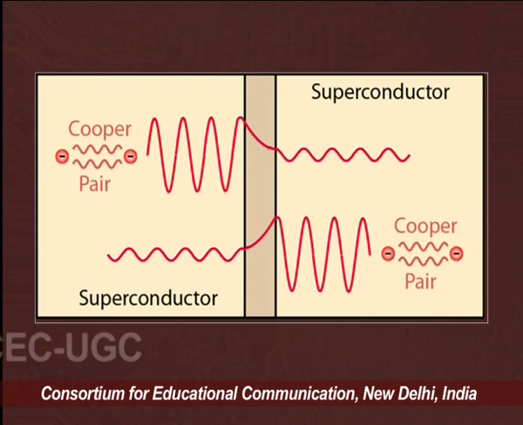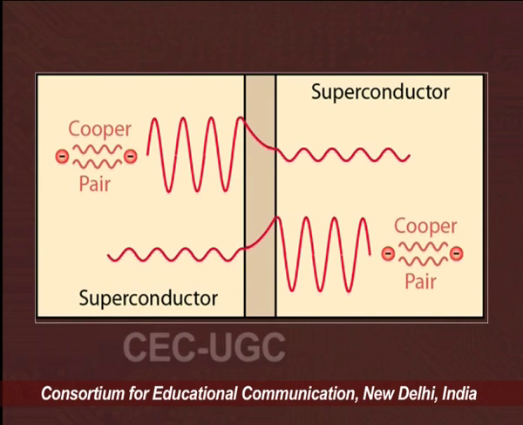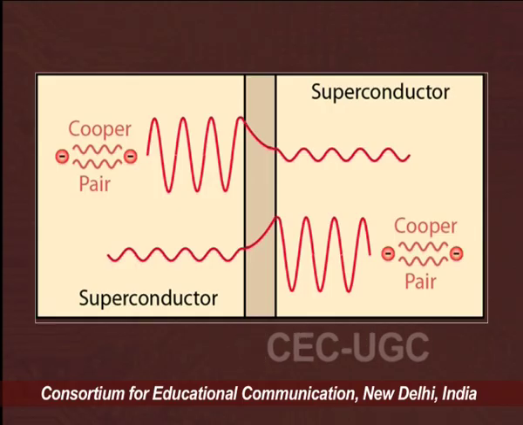So, they are said to be phase coherent. Here you can see there are a number of Cooper pairs, but they are in phase, that is why they are defined by the single waveform.